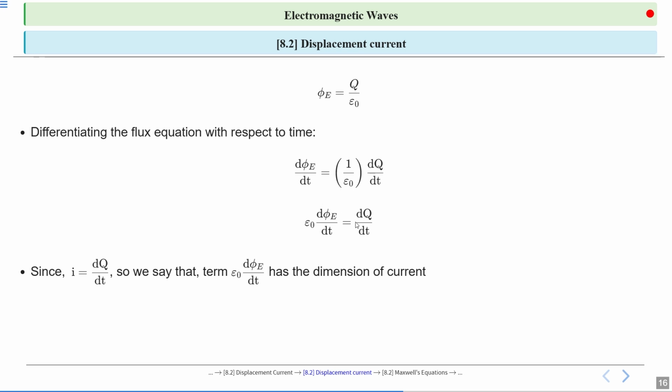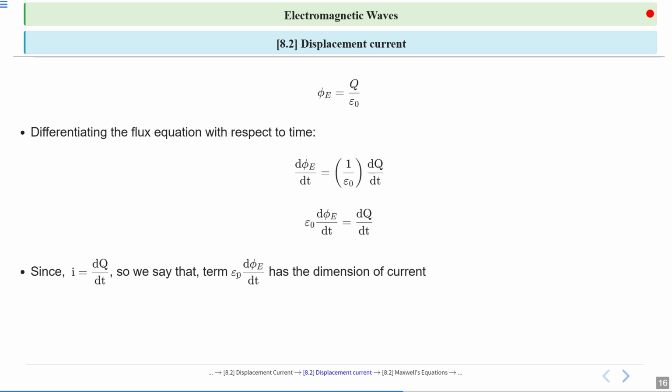We know dq by dt is the rate of change of charge flowing through a conductor. Between the plates there is no charge flowing from one plate to another, but according to the theoretical derivation it came out to be dq by dt, the rate of flow of charge.